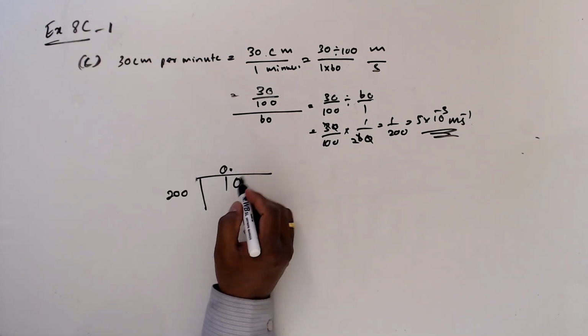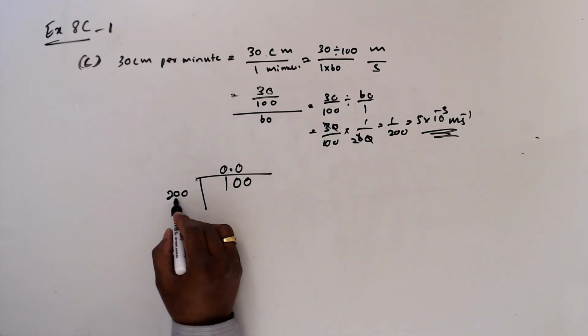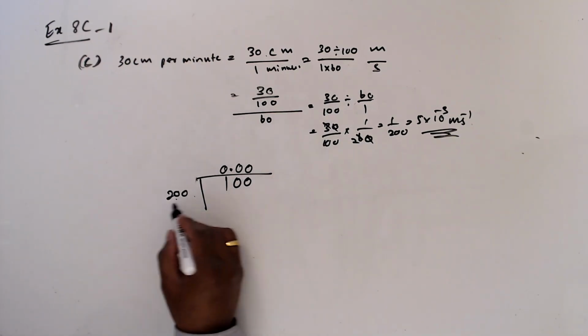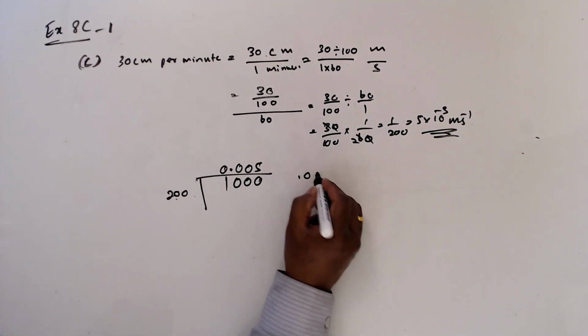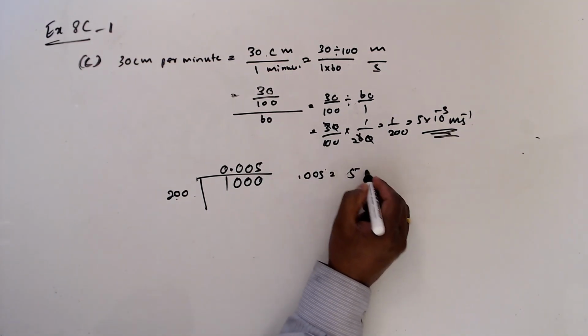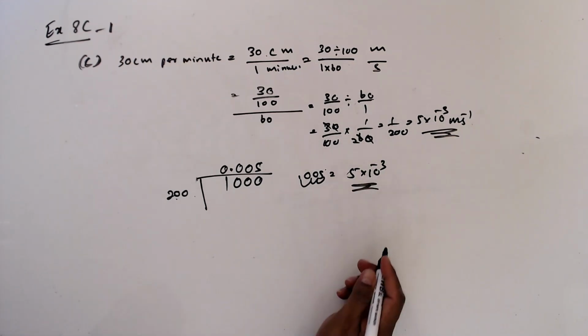Take one more. See 0, and take one more 0. It doesn't go, then 1000 goes fine. 0.005 is 5, 1, 2, 3, 10 to the power minus 3.